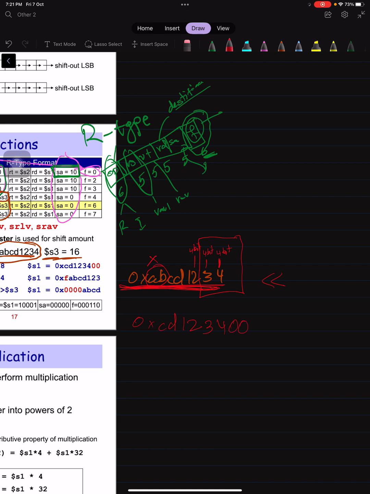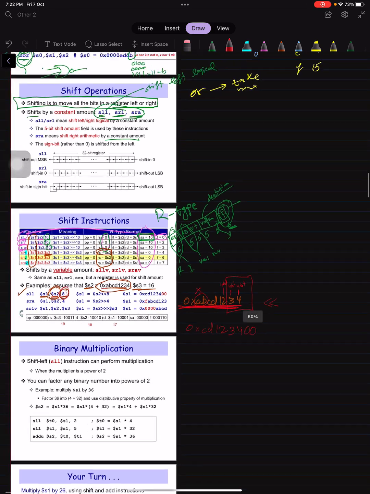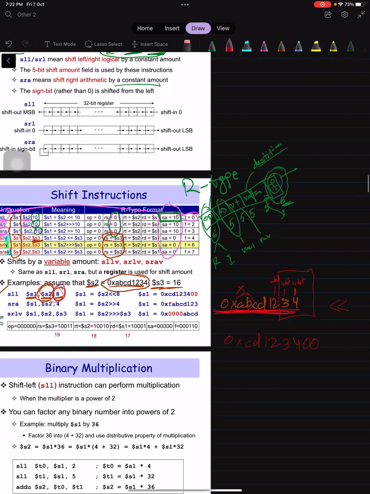Why? Because we're shifting. On the right. What we did here is actually division, whatever it is, it should be division.